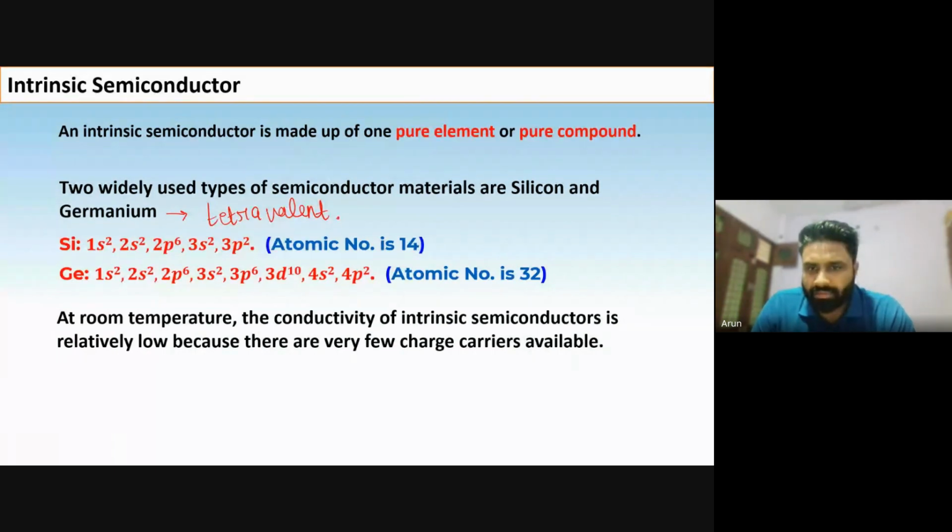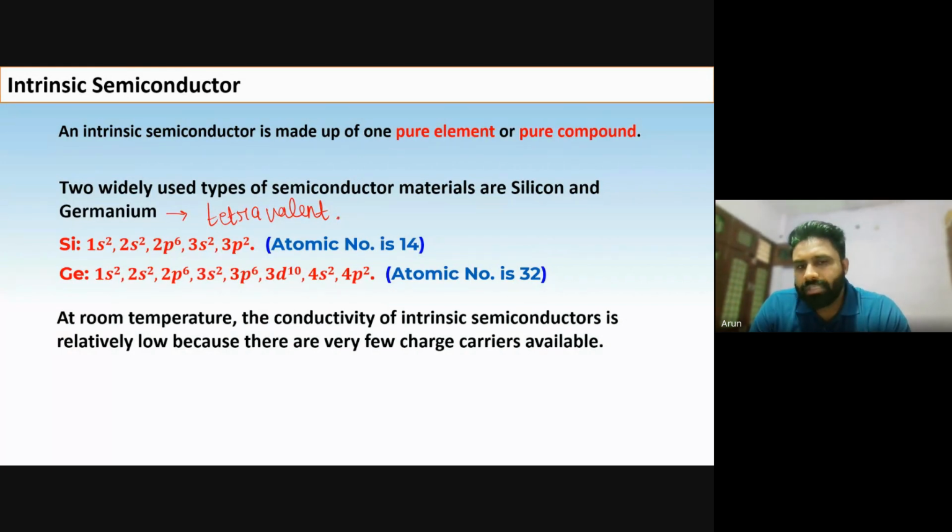That is the main reason, which means we have very few charge carriers which can carry the charge. Very few charge carriers are available in an intrinsic semiconductor. That is why the conductivity of an intrinsic semiconductor at room temperature is very low.